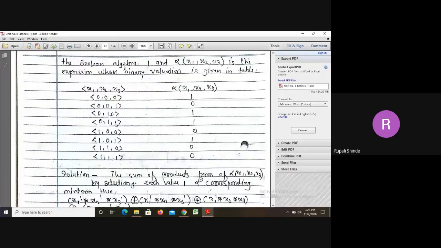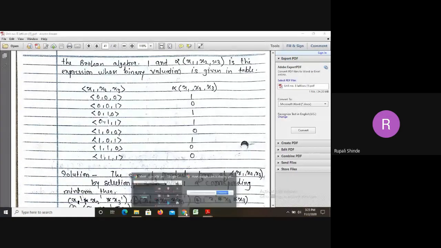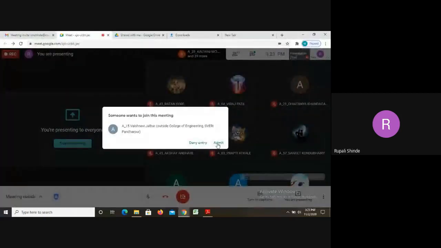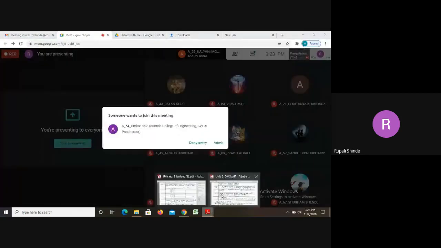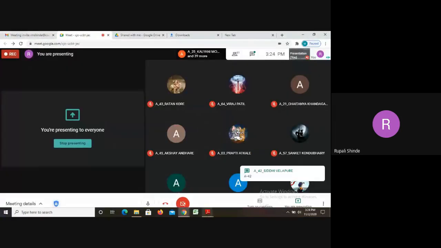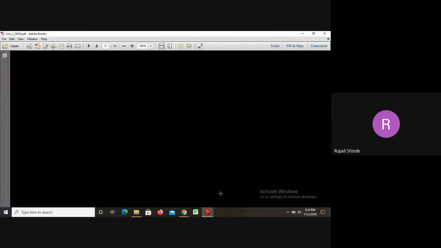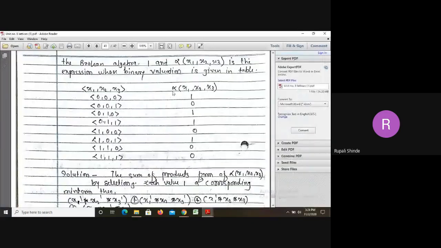So, these are the three variables x1, x2, and x3, and after applying the alpha function on these variables, its values are given here: 1, 0, 1, 1.